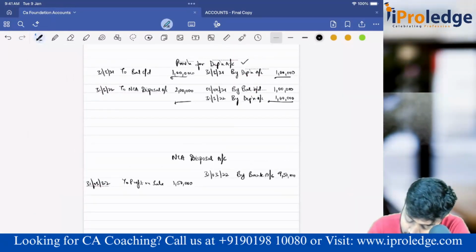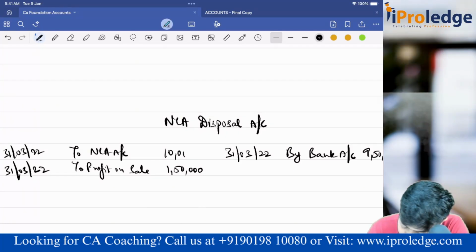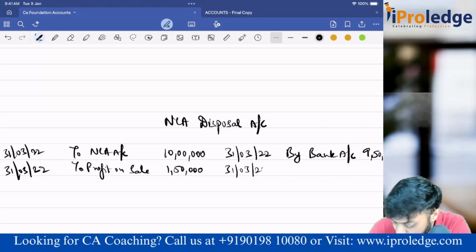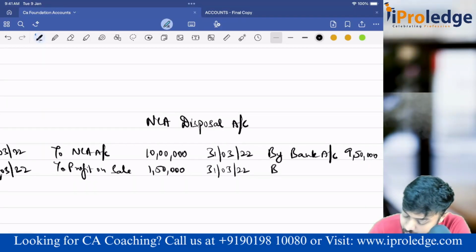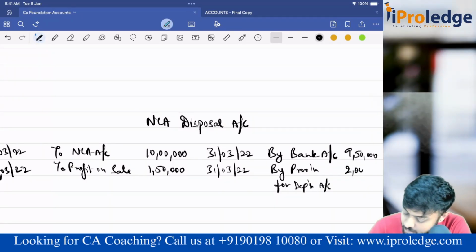So if you see, the cost component will always come in debit side only. The cost component, which has come from NCA account, is 10 lakh. And depreciation component will always come in credit side of disposal account. So by provision for depreciation account 2 lakh.